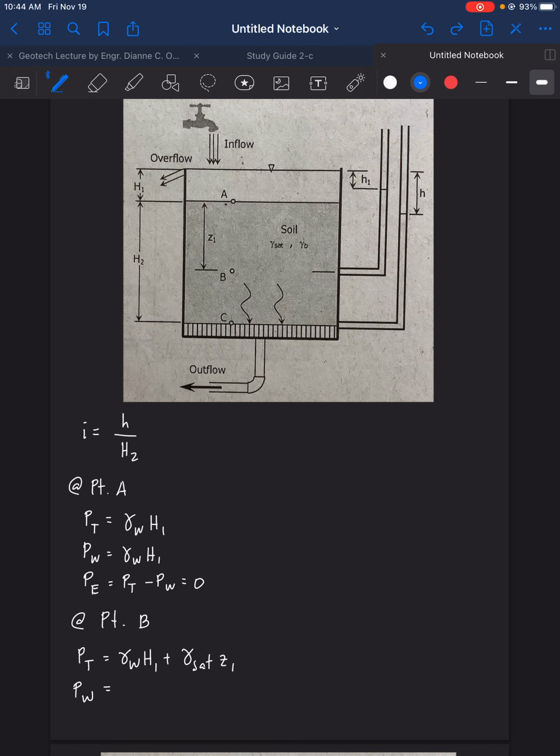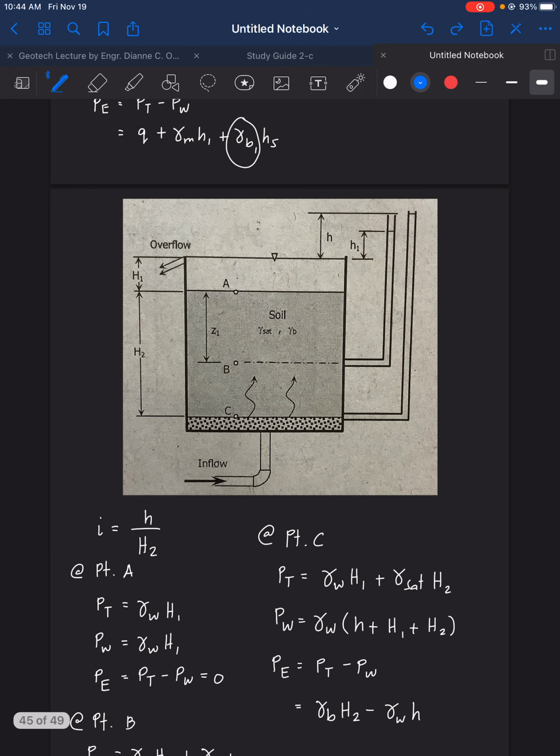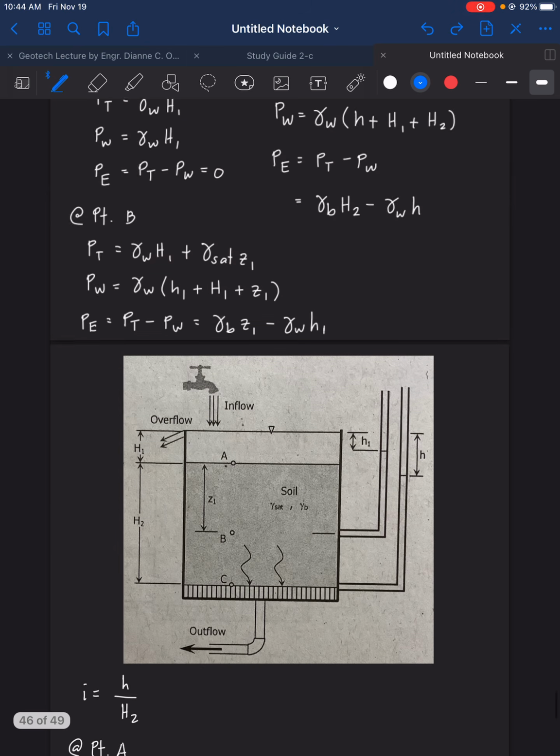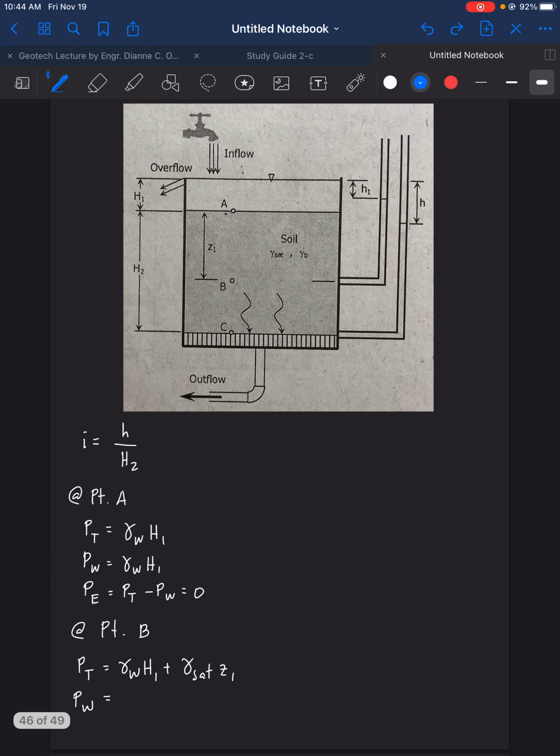So just as we did a while ago, we got the value of H for B here. So this is the H. So we added H1, H1, then H2 to get the value of H. Now for the downward seepage, where is the level of the water from the tube that is inserted on point B? So this portion here.